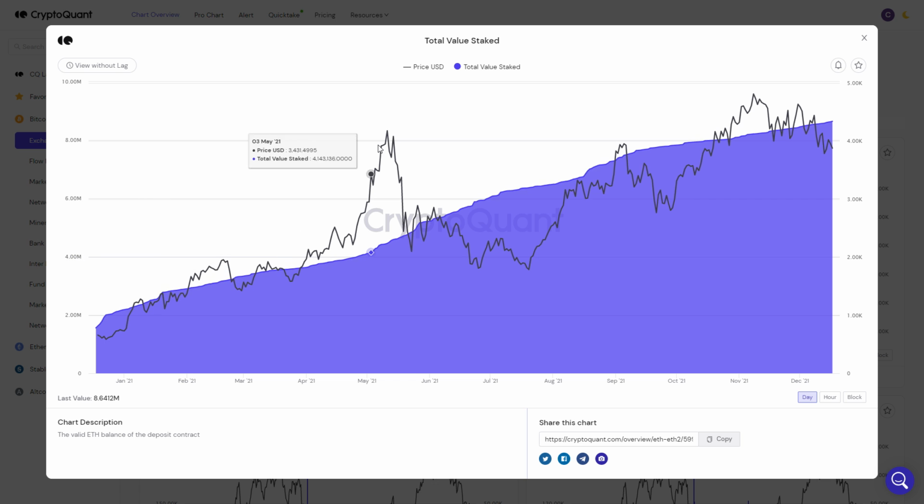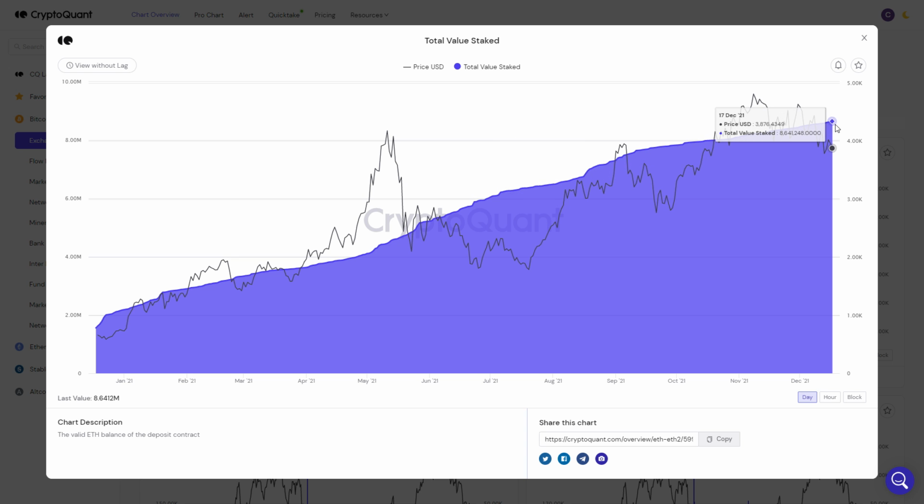This is still the same time frame, and the black line is still the Ethereum to US dollar chart, but this purple line just here shows the total amount of Ethereum that has been staked under the Ethereum 2.0 deposit contract. So basically, as this purple line increases, that is locking away more and more Ethereum from the available supply, which is technically making Ethereum scarcer and scarcer as this line moves to the upside.